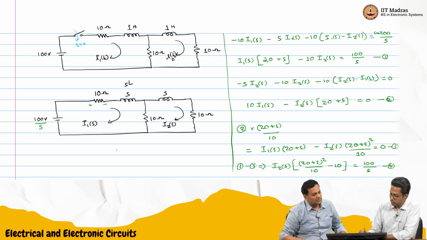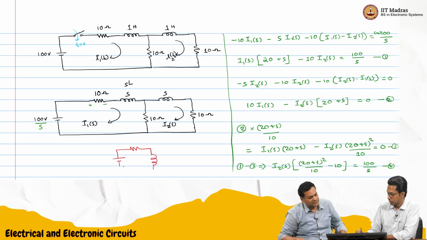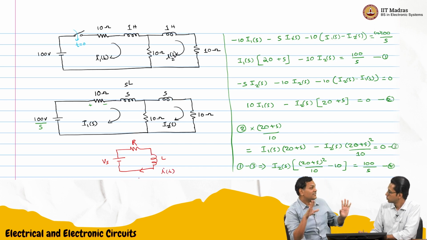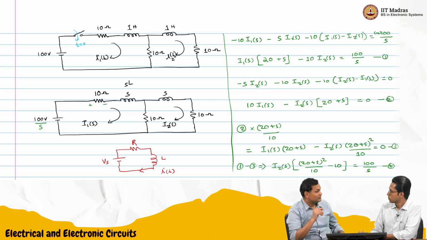If I have a DC source, a resistor and an inductor, what is the final value of the current? The way I think of it, final value of current means that i of t is constant, it is not changing, which means di by dt should be 0. So there is no voltage across the inductor.